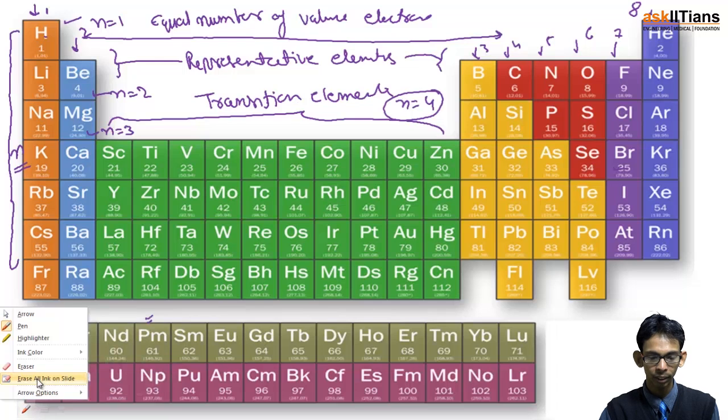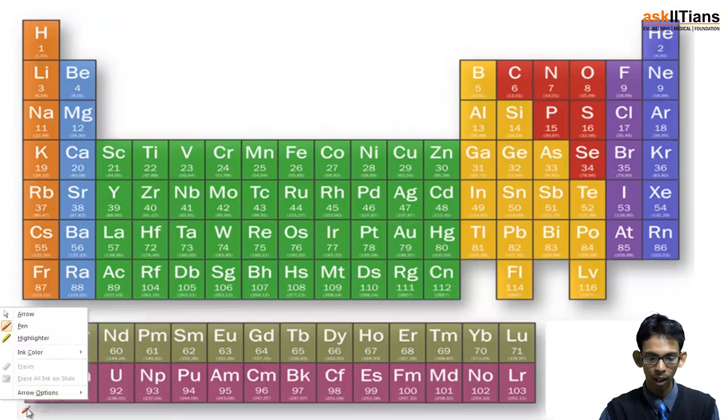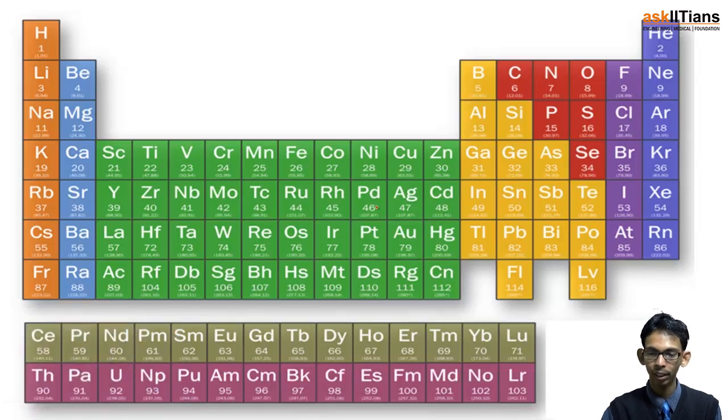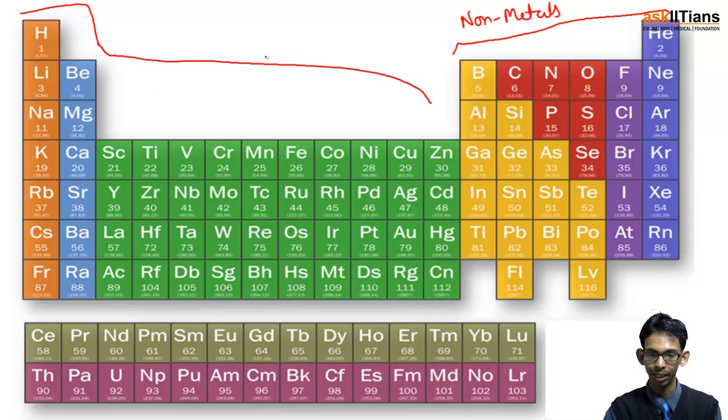Now the next thing is about metals and non-metals. Generally, all those elements which are present on the right hand side are non-metals, and these are metals, and also these all are metals, and these are non-metals.